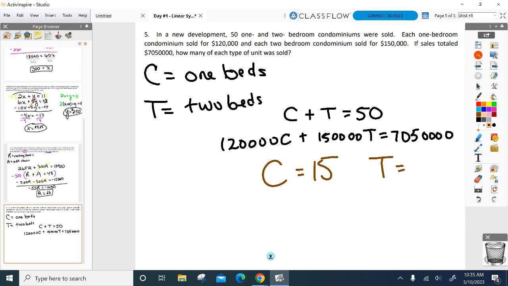Now, I'm hoping you guys aren't stressing yourself out here. You get 15, but don't plug it back into this huge money one with all the zeros. There's got to be 50 of them total. Plug 15 into the easier one. We got 35. Yep, 35 two-bedroom.